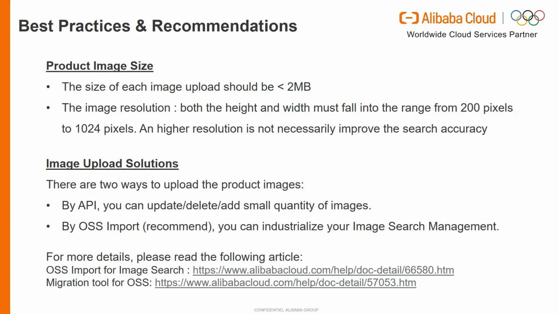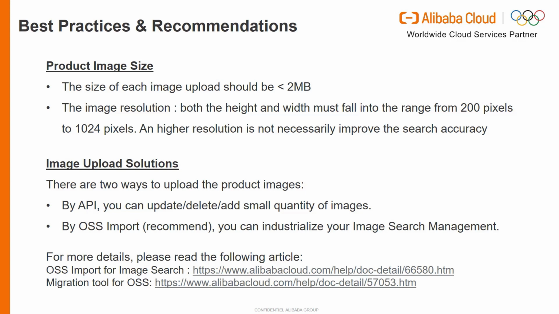And then we have two different solutions to upload the product pictures. One is by API. That means you can upload or modify pictures one by one, or by OSS import, which is Object Storage Service import.